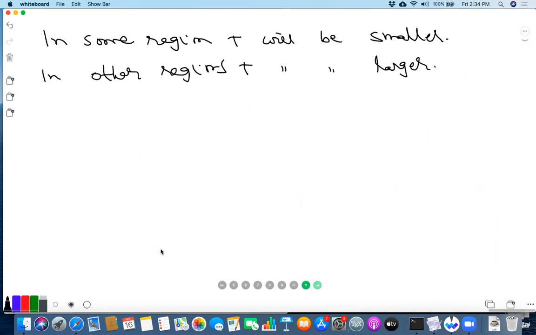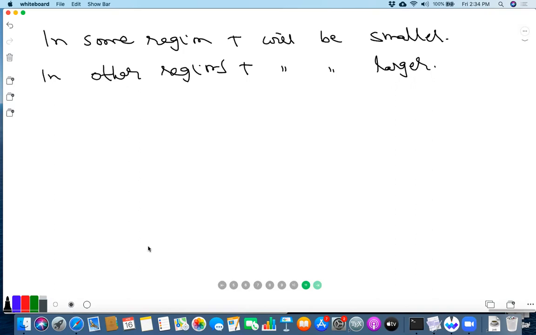But this by itself is not directly translatable to CMB fluctuation, because if the temperature is larger in some region, that means that the recombination will take place a little later in that region, right? Because the recombination requires the temperature to drop to a certain value.